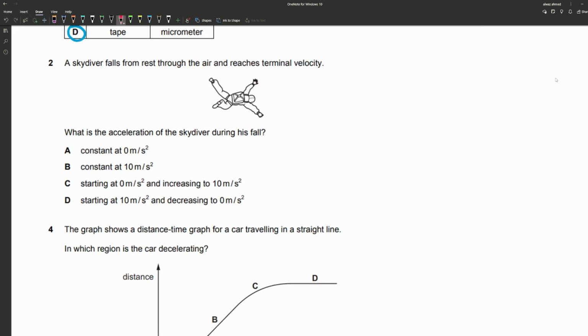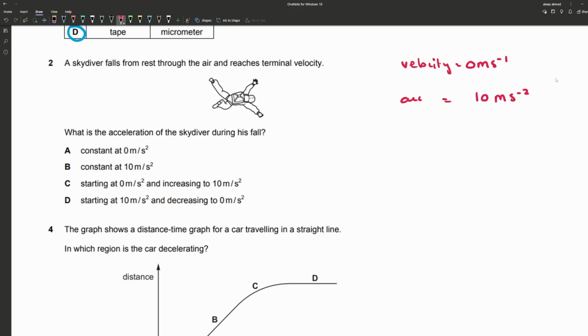Okay, so our next question says a skydiver falls from rest through the air and reaches terminal velocity. What is the acceleration of the skydiver during his fall? So before we solve this question, we need to understand what happens to the skydiver when he starts his fall. The moment the skydiver jumps out of the airplane, his velocity is 0, and his acceleration is 10 meters per second squared.